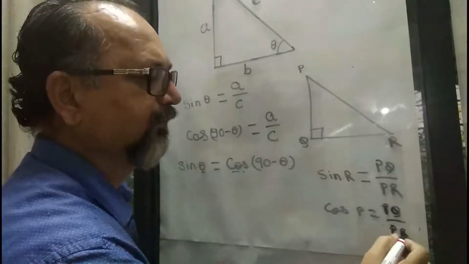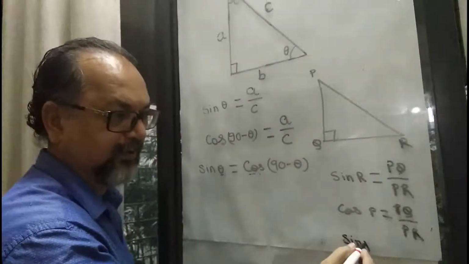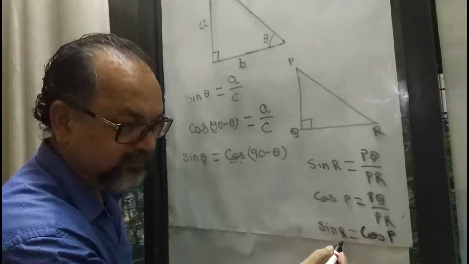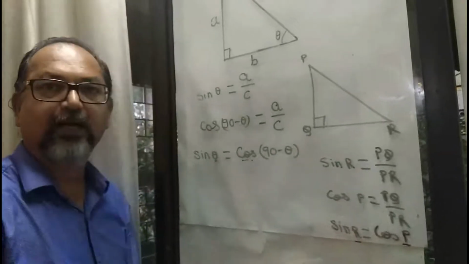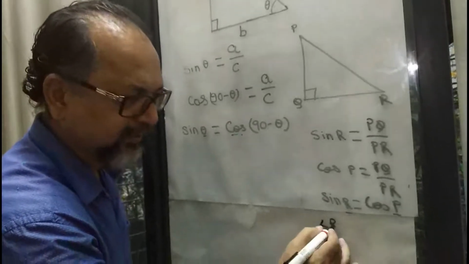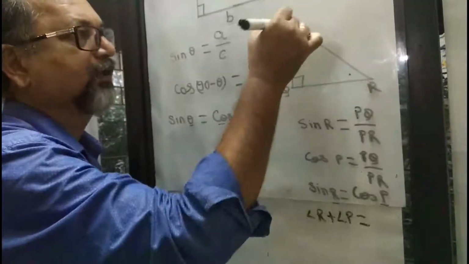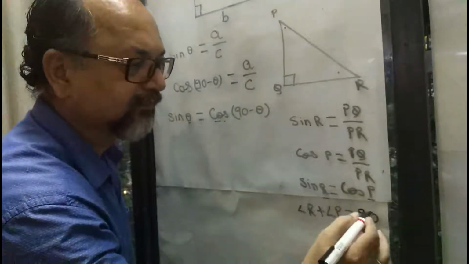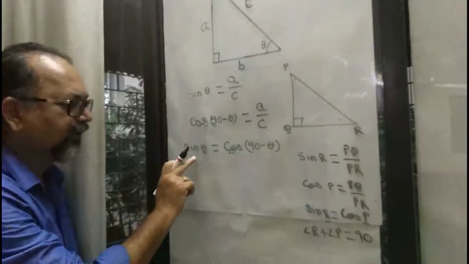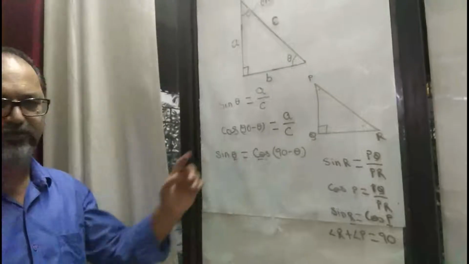See, same. So sine of R will be the same as cos of P. Why? Because R and P are complementary angles. If you add angle R with angle P, the sum is 90. So we got one relation between the two trigonometric ratios, sine and cos.